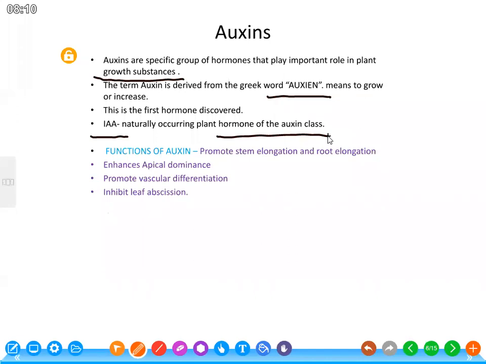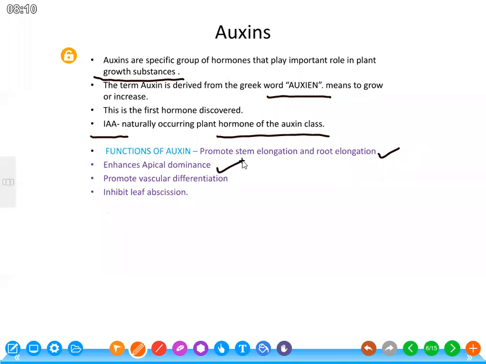Then functions of auxin. So what are the functions of auxin? First function: promotes stem elongation and root elongation. Then it enhances apical dominance.